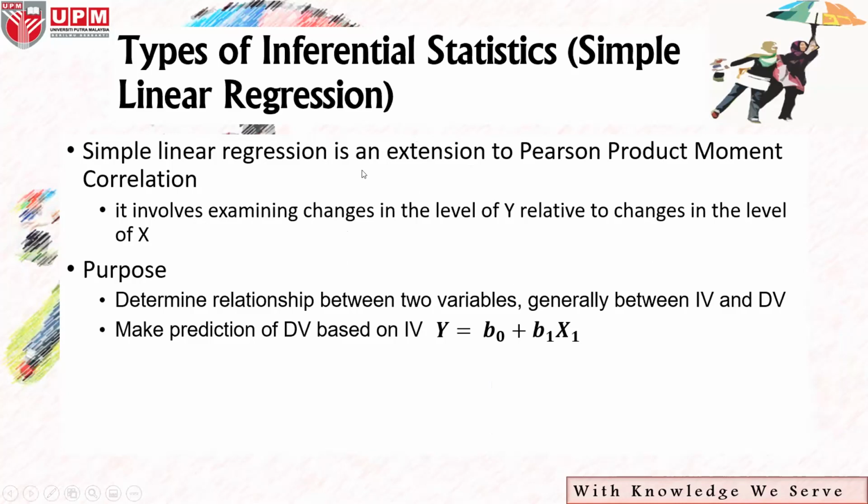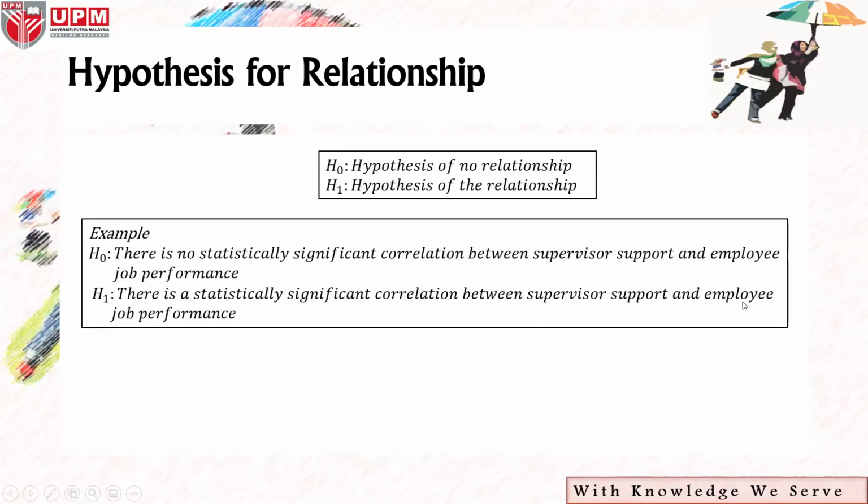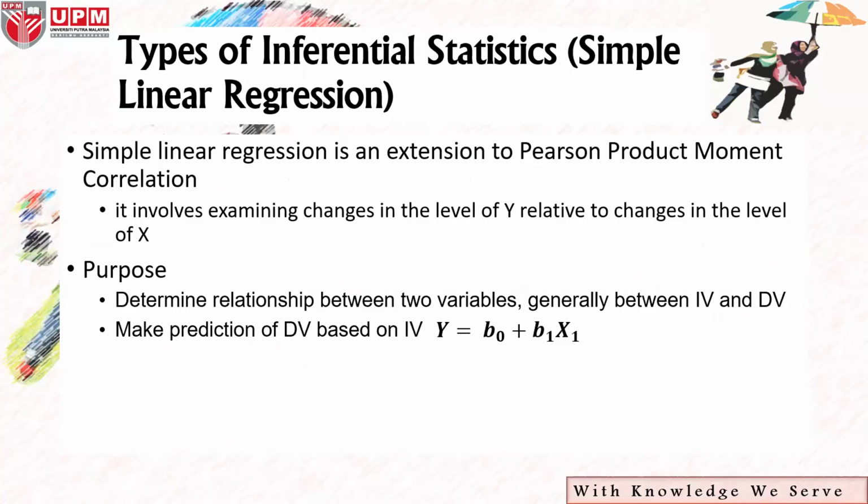Okay, next one is statistics showing the prediction, which is simple linear regression and later on multiple linear regression. Simple linear regression is an extension to Pearson product moment correlation.